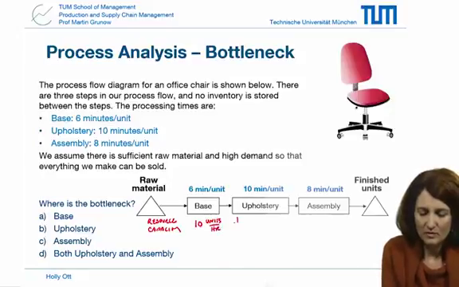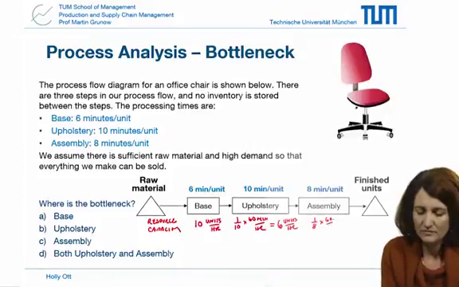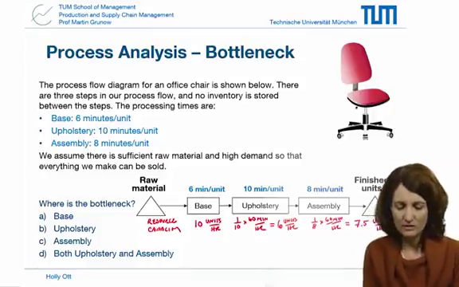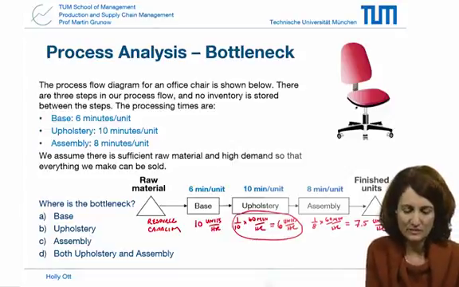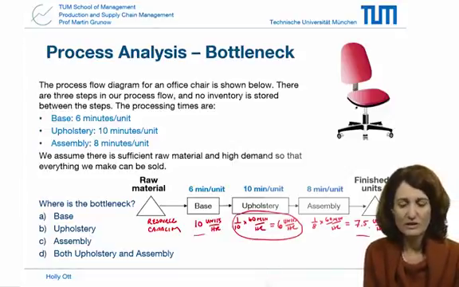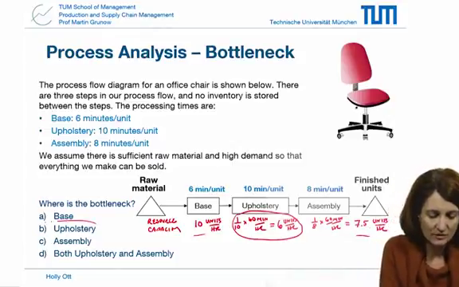Here we would say 1 over 10 times 60 minutes per hour is going to be equal to 6 units per hour. And here we have 1 over 8 times 60 minutes per hour, and we end up with 7.5 units per hour. So where's our bottleneck? Well, we can clearly see at upholstery we have only 6 compared to 10 and compared to 7.5. So 6 units per hour at upholstery is our bottleneck.